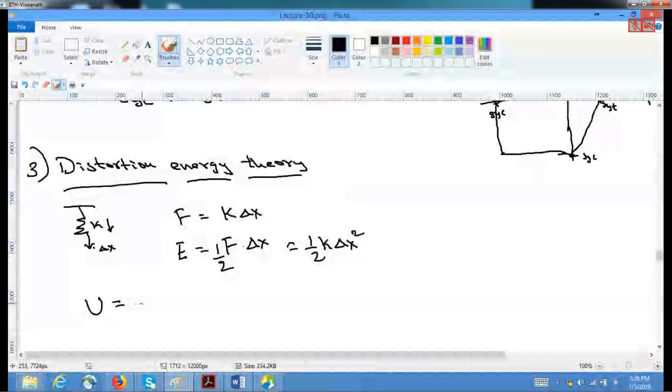You add up all the components, or you can write in terms of principal as sigma 1 epsilon 1.